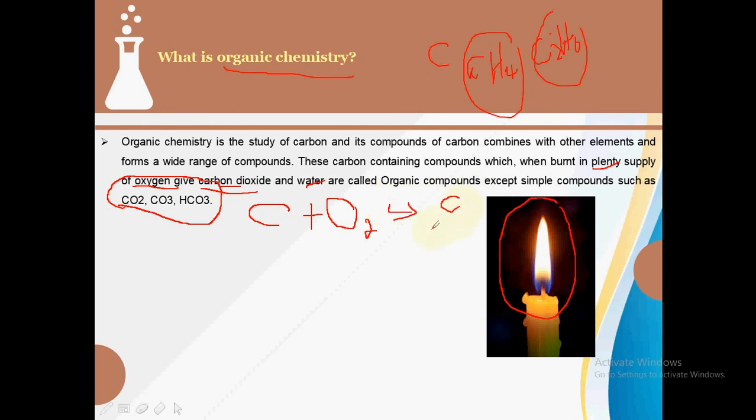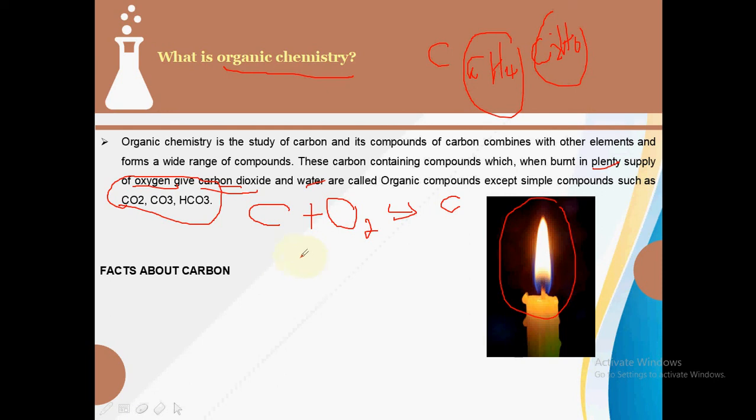As the saying goes, all organic compounds contain carbon. Here we have to understand that yes, all organic compounds contain carbon, but it is not every carbon-containing compound that is classified as organic.